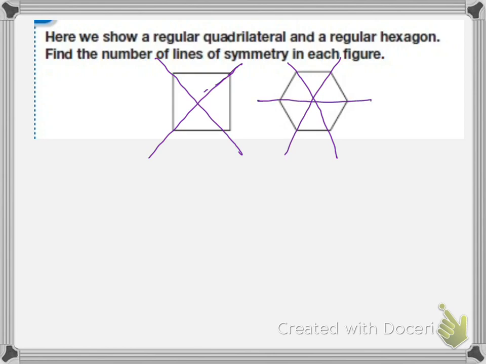But we also have lines of symmetry through the sides of these shapes. So that half and that half are the same, as well as those 2 halves. In all, we can find 4 lines of symmetry in the square and 6 lines of symmetry for the hexagon.